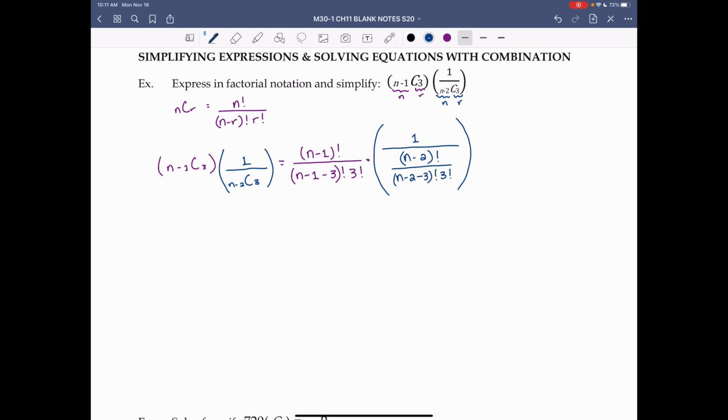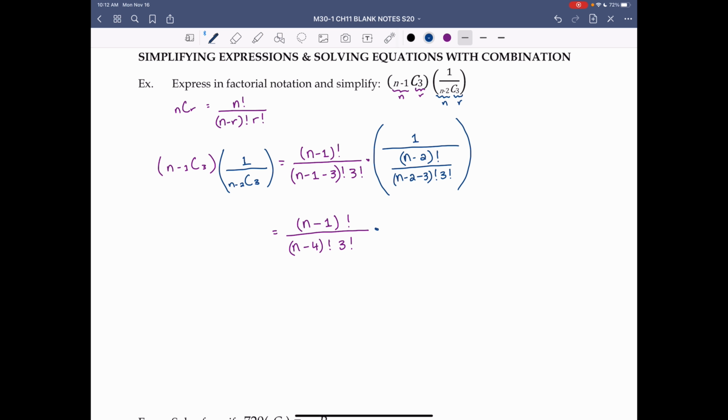And then we just start to simplify. The first fraction is n minus 1 in brackets factorial divided by n minus 1 minus 3, which is n minus 4 in brackets factorial, times 3 factorial. The second set of brackets, we are dividing by a fraction, so we can multiply by the reciprocal.